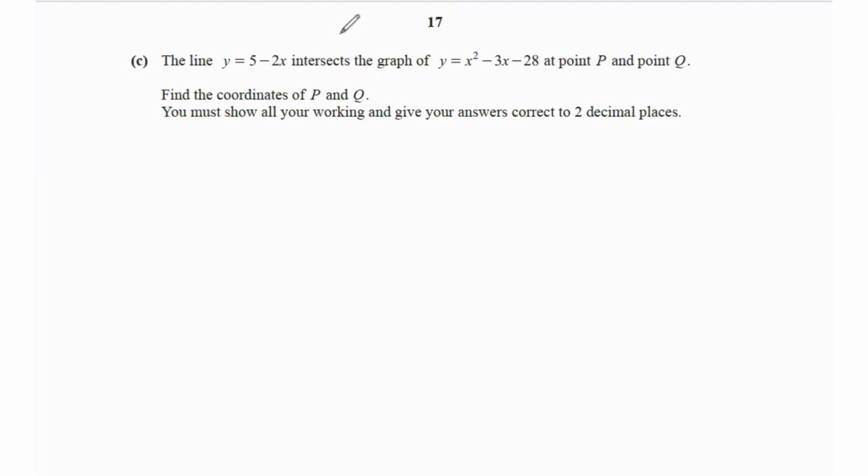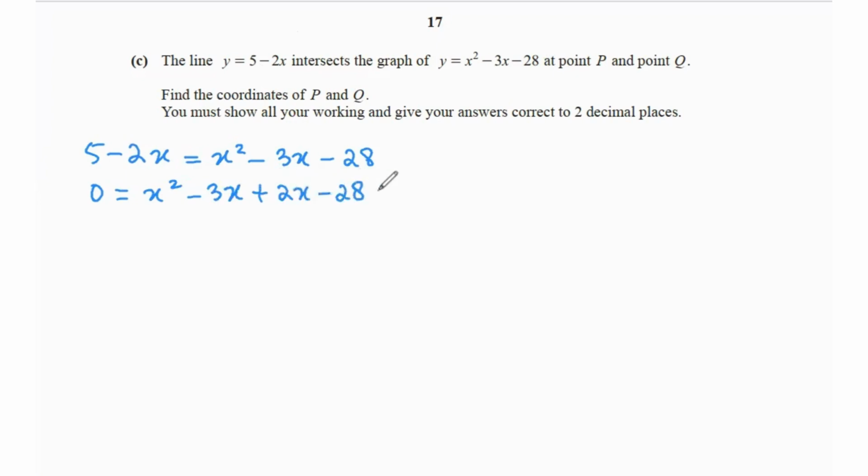Since they're intersecting, we can put the two equations equal to each other because they share the same x and y value. 5 minus 2x equals x squared minus 3x minus 28. Collect all the terms on one side. So 0 is x squared minus 3x plus 2x minus 28 minus 5. x squared minus x minus 33.